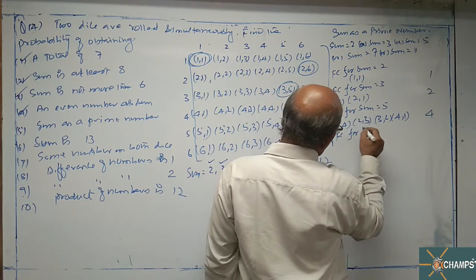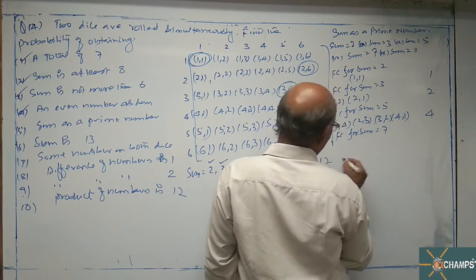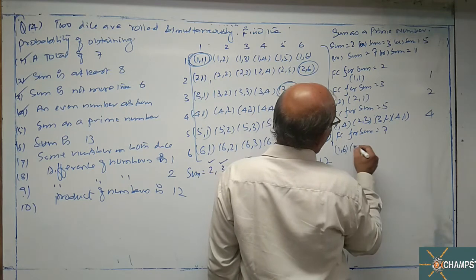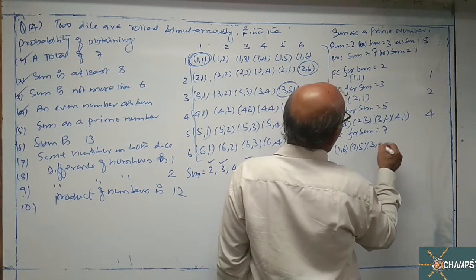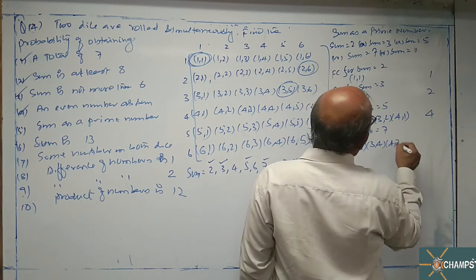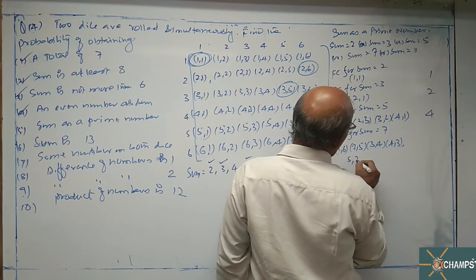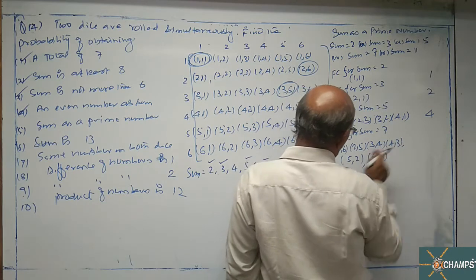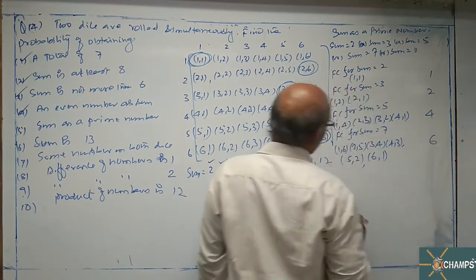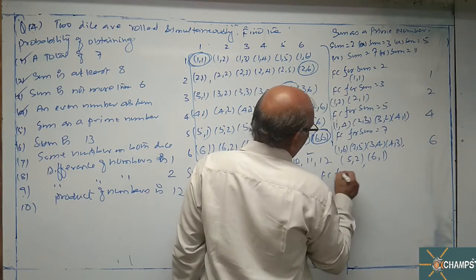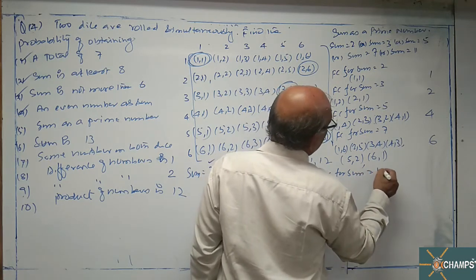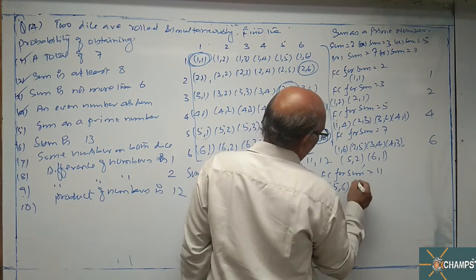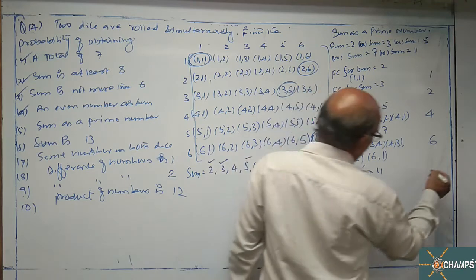Favorable cases for sum is equal to 7. 1 comma 6, 2 comma 5, 3 comma 4, 4 comma 3, 5 comma 2, 6 comma 1. 1, 2, 3, 4, 5, 6. Favorable cases for sum is equal to 11. 5 comma 6, 6 comma 5. 2 cases.